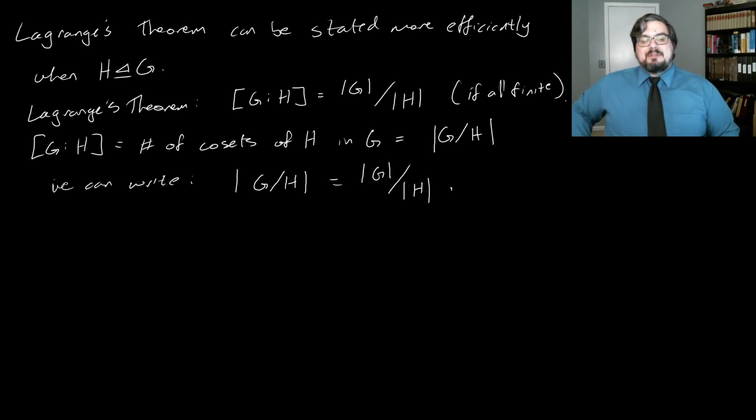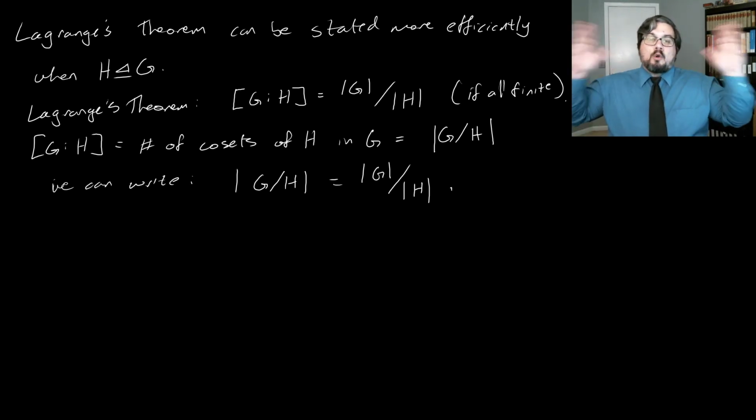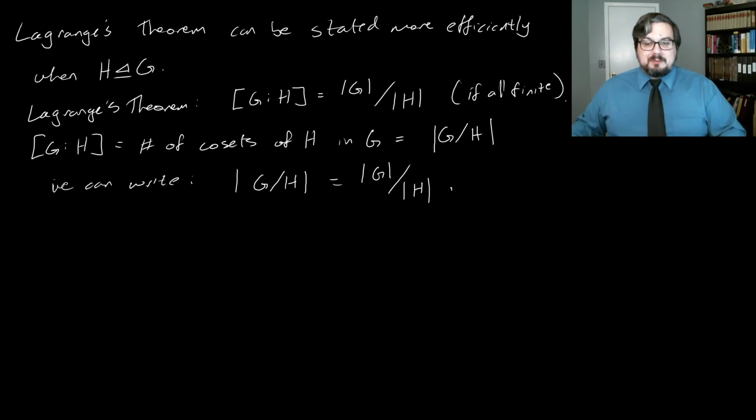When we write things down this way, and we think of the slash for the factor groups as being similar to division, and if we think of the order notation being similar to absolute value notation for real numbers, then this equation is exactly the same as the equation that we get for real numbers. The absolute value of a quotient is the same as the quotient of the absolute values.